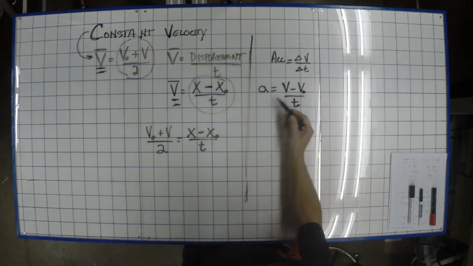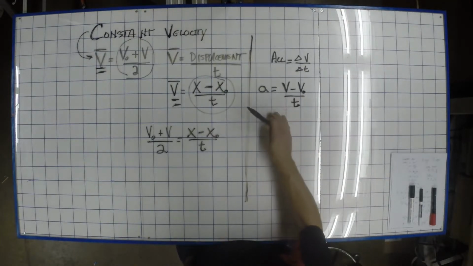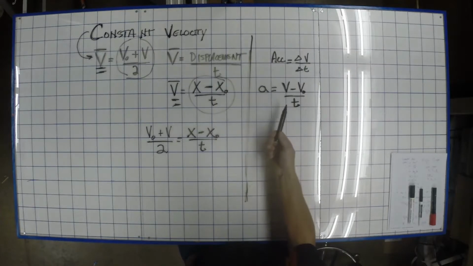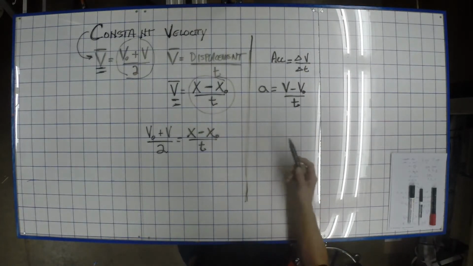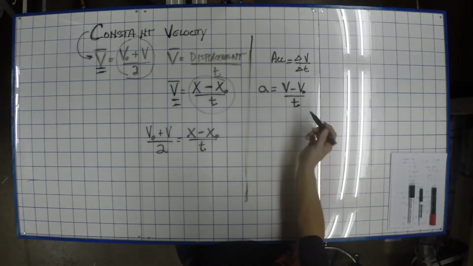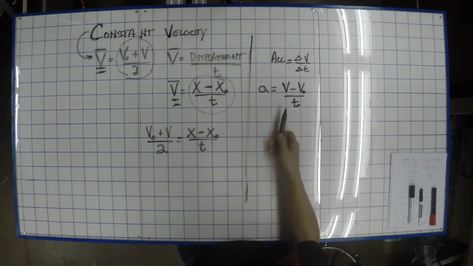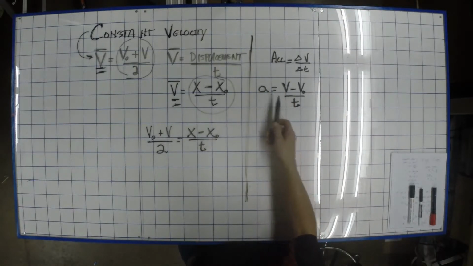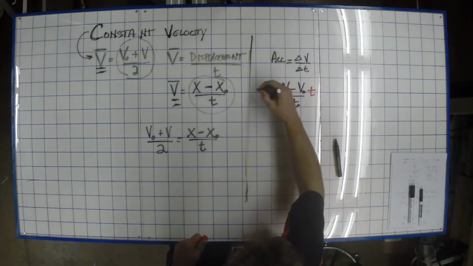Now, you've probably seen this in the notes on the Khan Academy or wherever else. This is actually, believe it or not, the first kinematic equation. We don't write it like this when we usually use it, and when you look at your equation sheet, it won't show up like this, but it's just a matter of the algebra. We're going to solve this for final velocity. So let's multiply both sides by t. Multiply both sides by t.